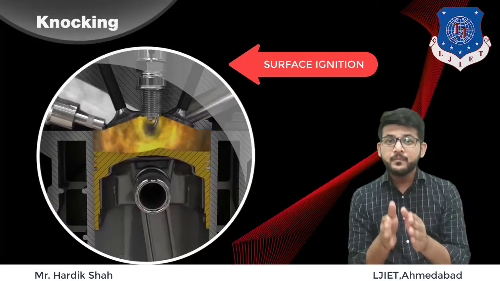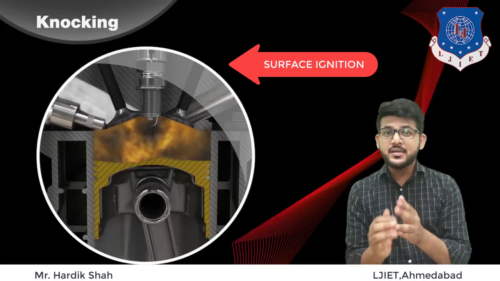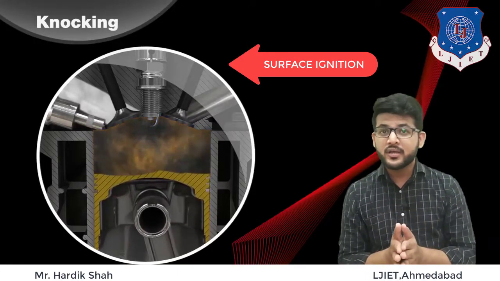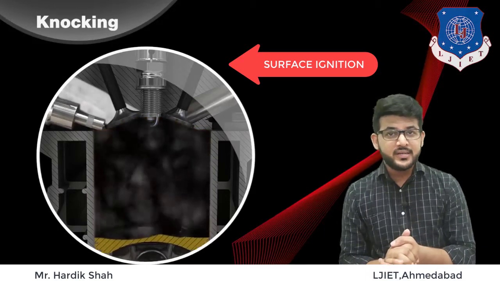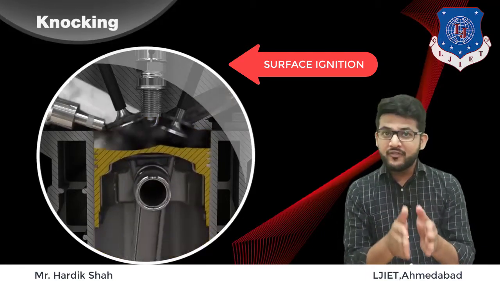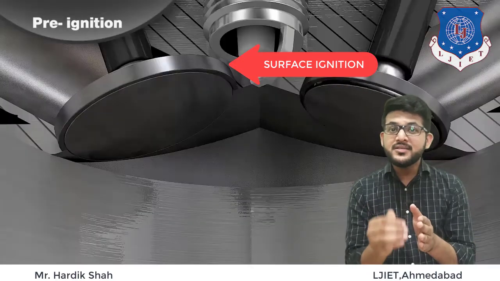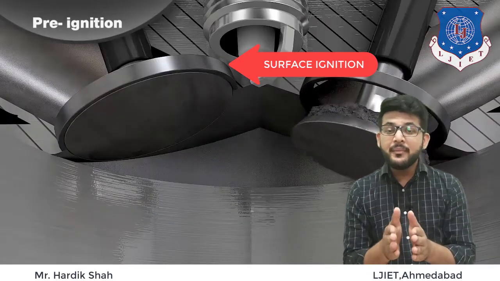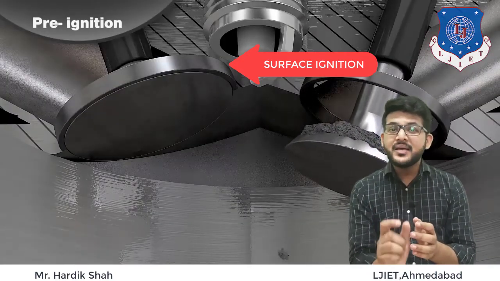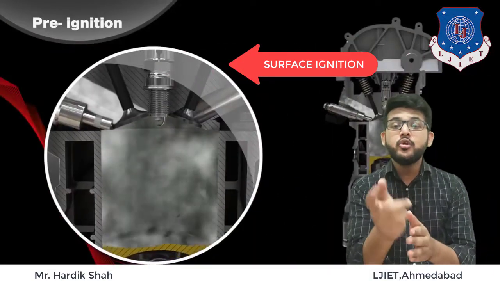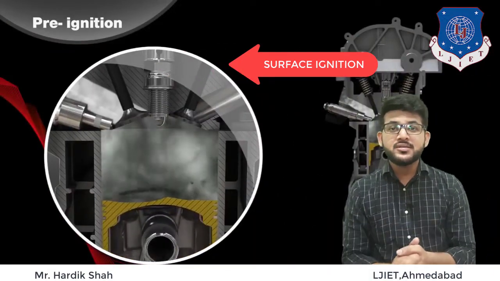Therefore the usual work output decreases, while the temperature and pressure of the working fluid increase. This process is self-increasing until some engine component collapses. This problem can be solved by a proper design of the engine and use of good quality lubricants. So that was surface ignition.